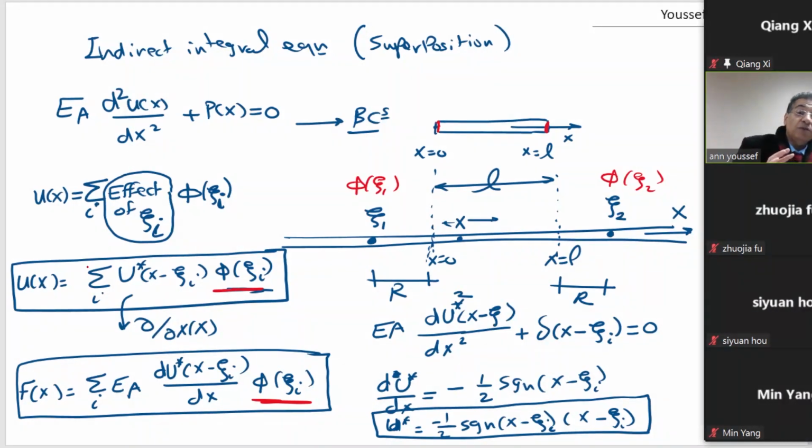So now the solution of the problem is not defined in terms of integrations, where after we integrate twice we get two constants and apply boundary conditions to get them. Now we define the solution in terms of a series, the effect of two sources. Why do I choose two sources?